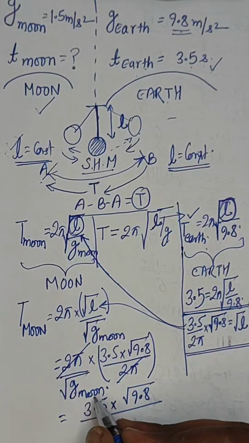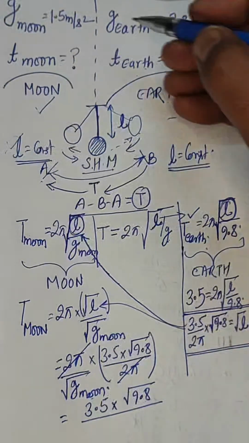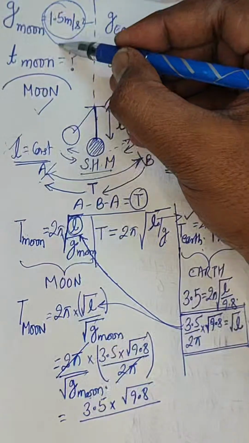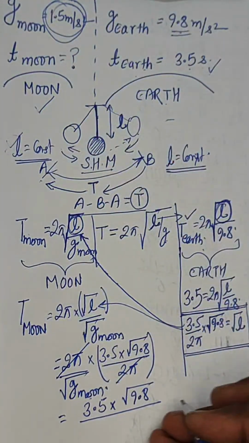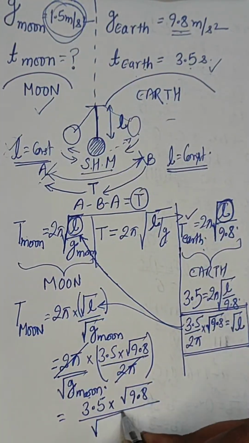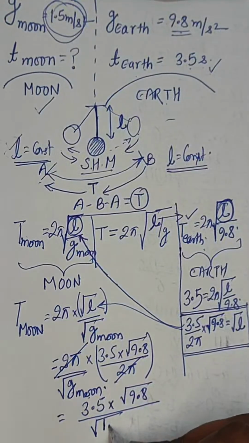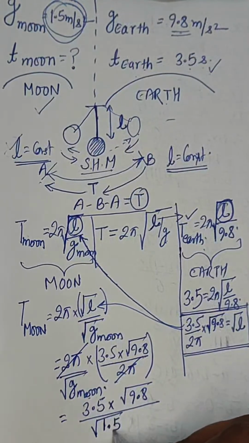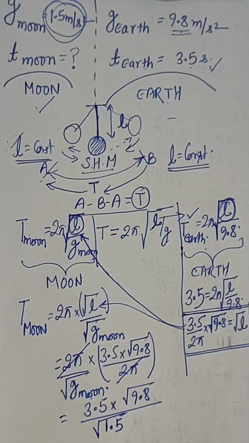What is the acceleration due to gravity of moon? This is 1.5 meter per second square. So just put it over here, root over 1.5 meter per second square.